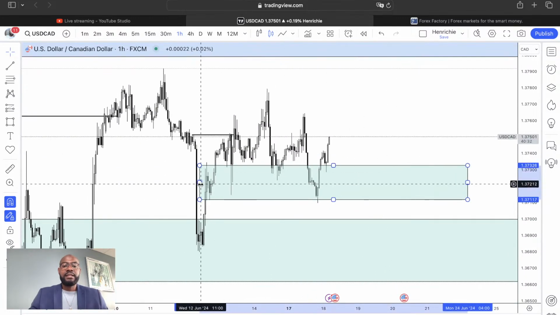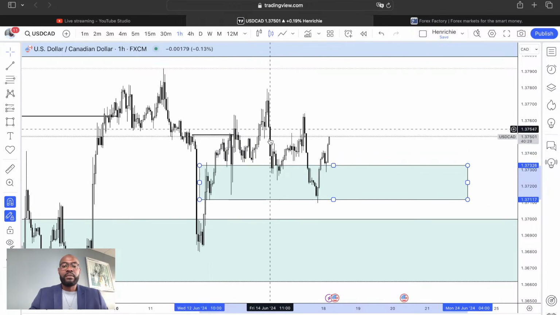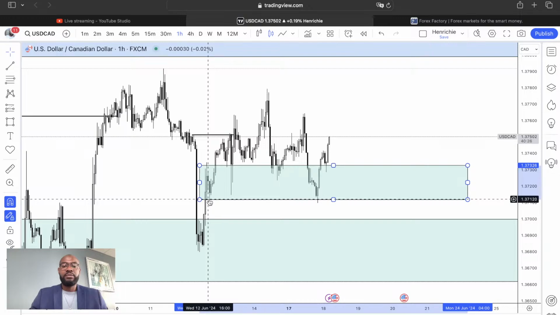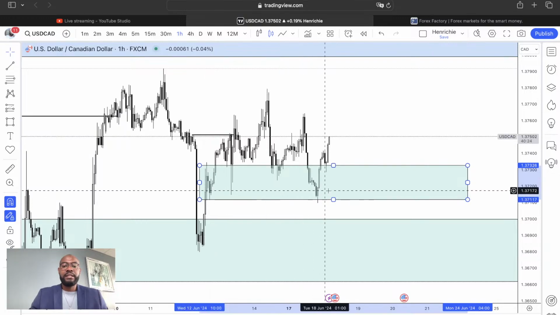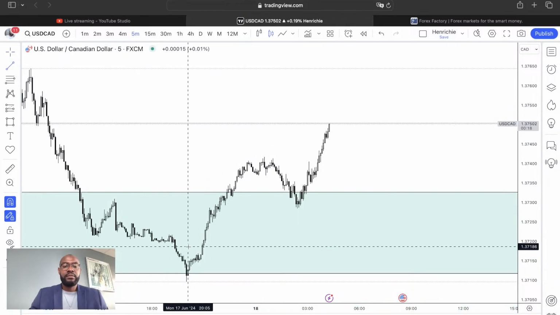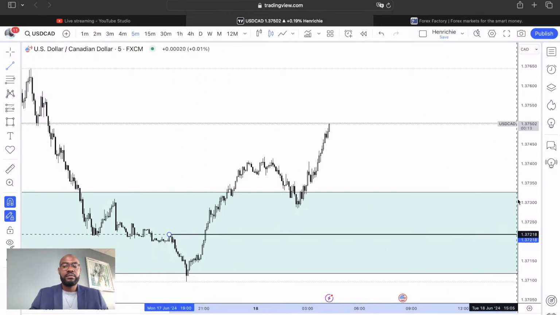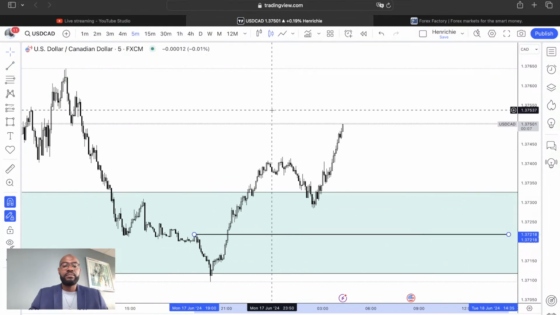As you can see, the last down close candle right here, we mitigated it, rallied, came back, took liquidity, mitigated this. So we wait for 5-minute shift to market structure from there. And right here, you can see a high, we can see a high, a low, a break of structure.